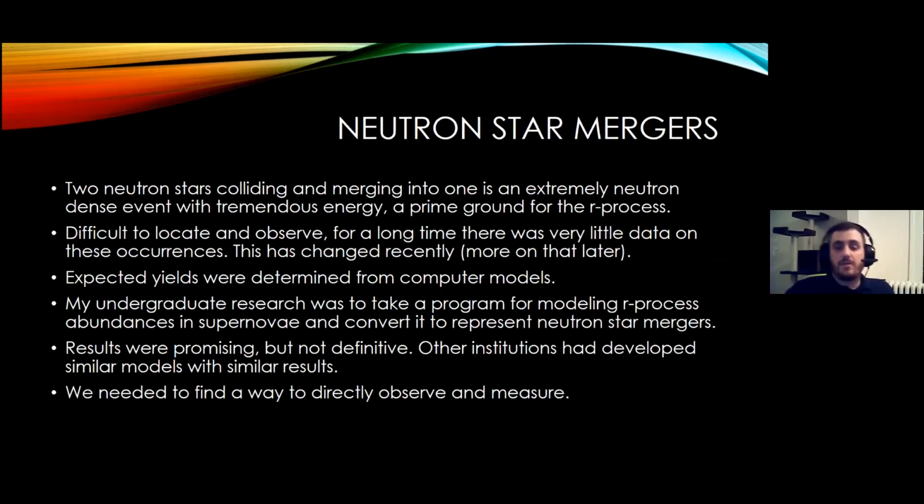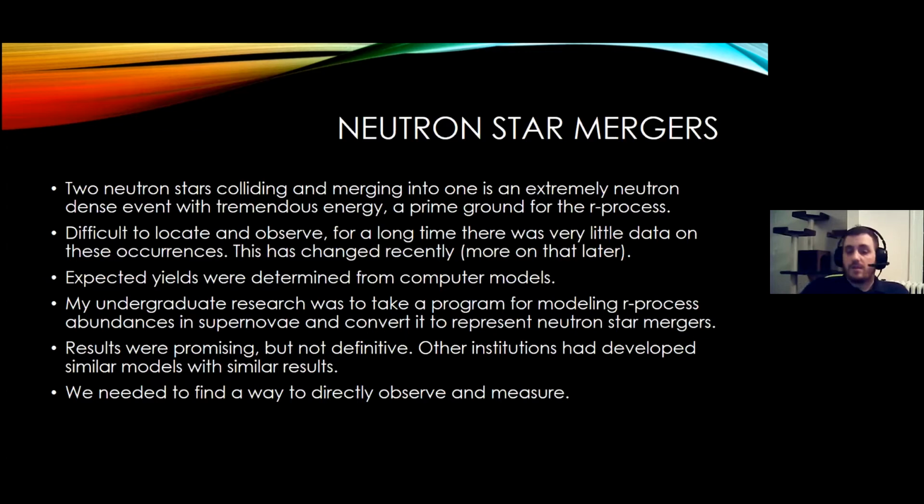Them colliding and merging into one new, bigger neutron star is obviously an extremely neutron-dense event. Tremendous energy in there. It is a prime ground for the r-process. The problem is that they're very difficult to locate and observe. For a long time, there was very little data on these occurrences, but this has changed recently, and I'll talk a little bit about that in the next slide.